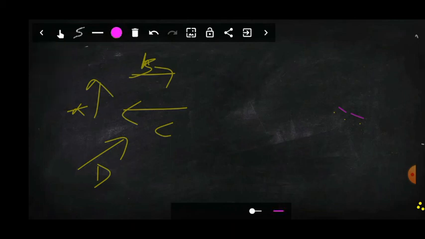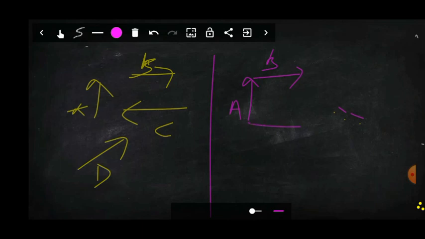Without changing the magnitude and direction, we have to rearrange them. This is vector A, then from the head of that one we join vector B. This is vector B, this is vector A. Without changing the direction, we have to consider this.